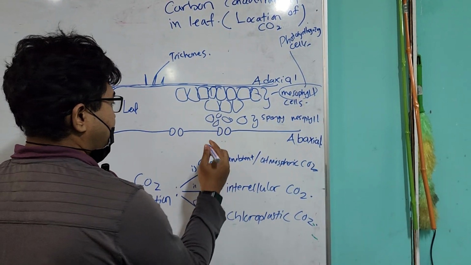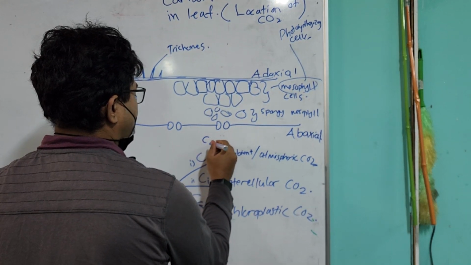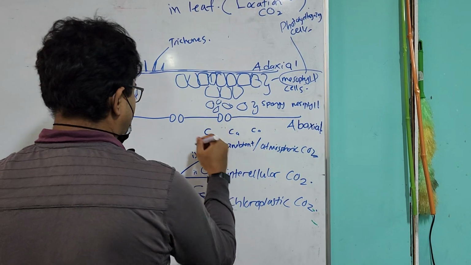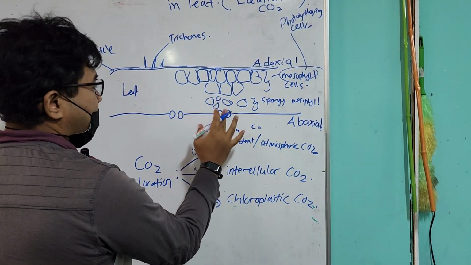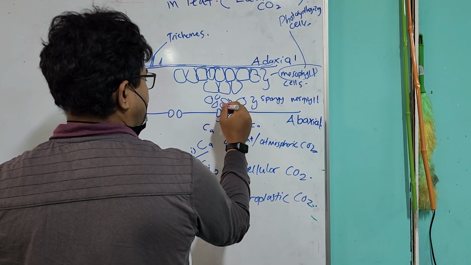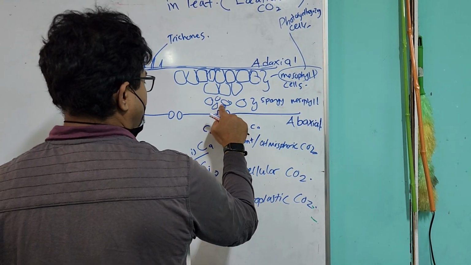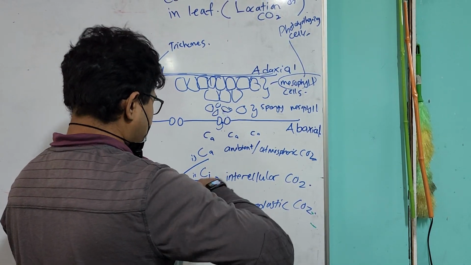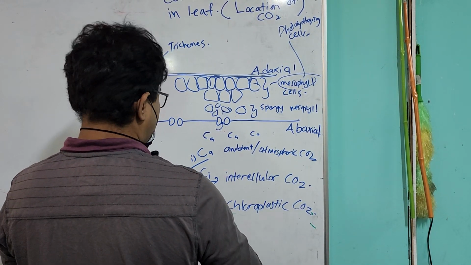So where are these things actually in relation to the leaf cross section that you have here? So Ca is whatever is outside the leaf. Ca here. So these are all the CO2. The moment the CO2 enters the leaf and it's in the voids in between here, I should be using a different color now. You know that it's in the void here.